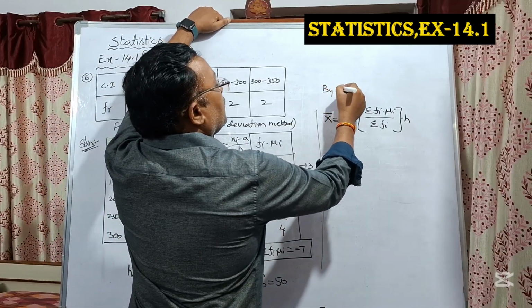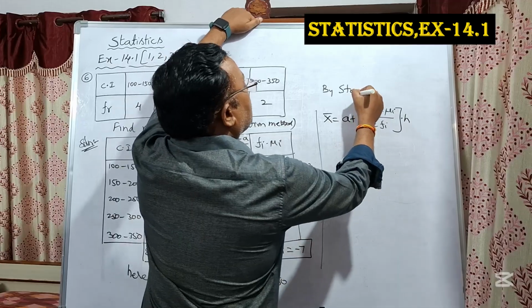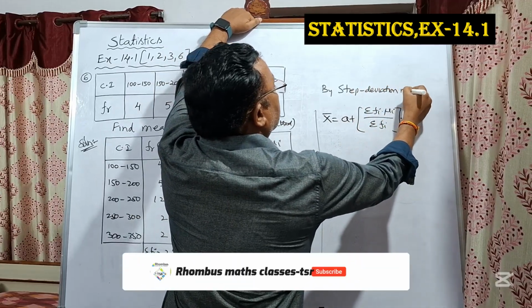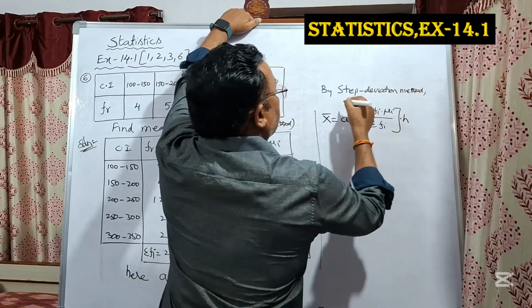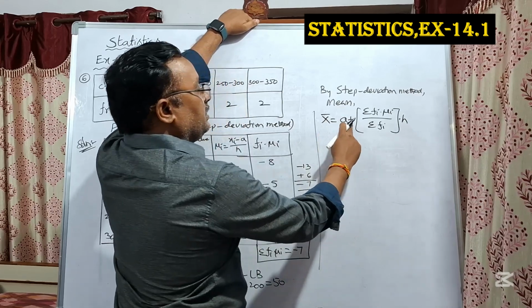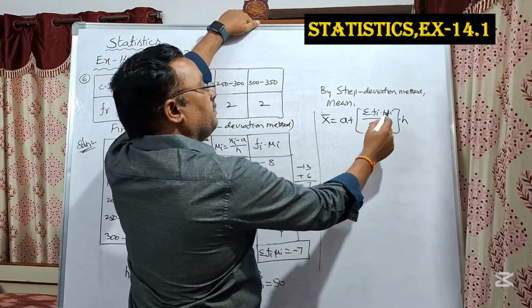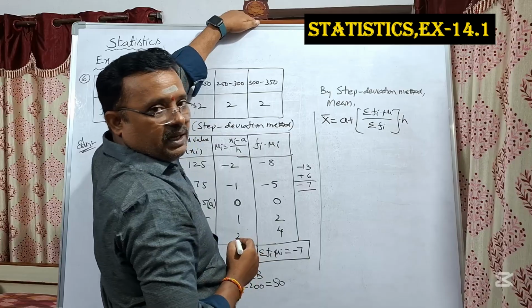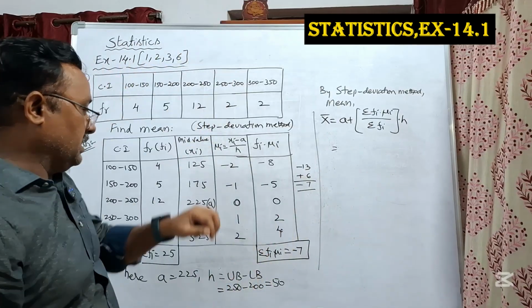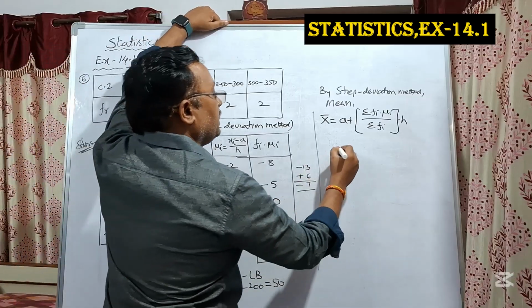By the step deviation method, mean x bar is equal to a plus bracket of sigma fi into mu I by sigma fi, into h. Substitute the values neatly and correctly. A value is 225.